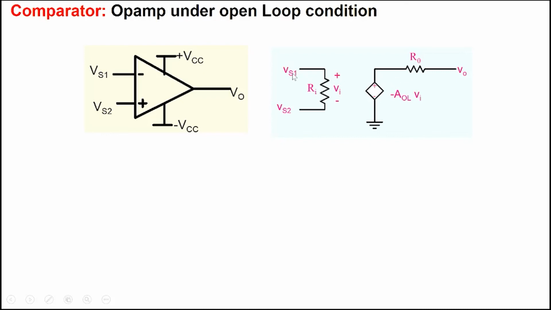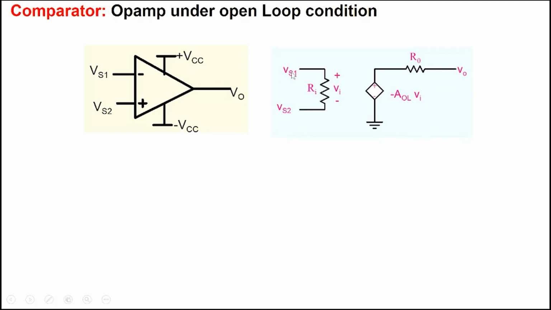So if Vs1 is greater than Vs2, Vi will be positive, which means that this will be a large negative voltage here, and the op-amp will saturate to the negative supply voltage. So if Vs1 is greater than Vs2, V0 will be equal to minus Vcc.